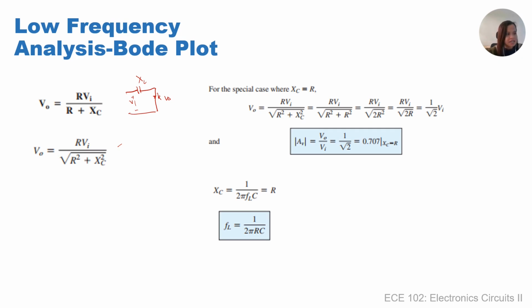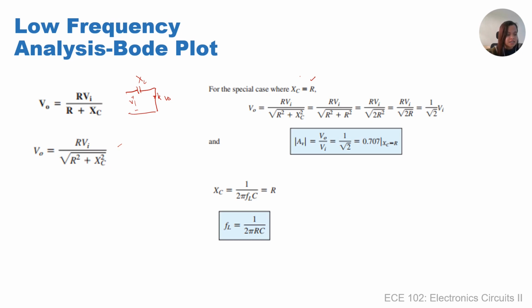For a special case, whenever the capacitive reactance XC is equal to R, substituting XC with R, we have 2R squared under the root. So the output voltage is equal to 1 over the square root of 2 times the input voltage.